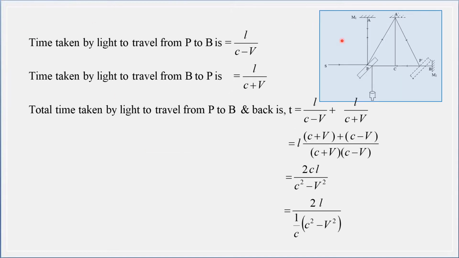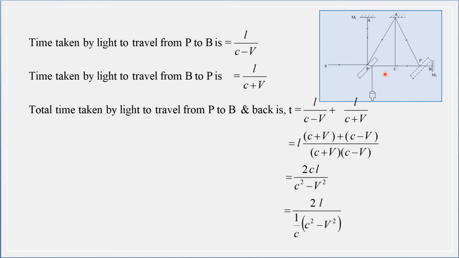Now when this experiment was done, somewhere in 1880, the scientists believed that there is an ether. Then the velocity of light is not absolute. That means the velocity of light depends upon the frame of reference, so velocity does not remain the same in all frames.